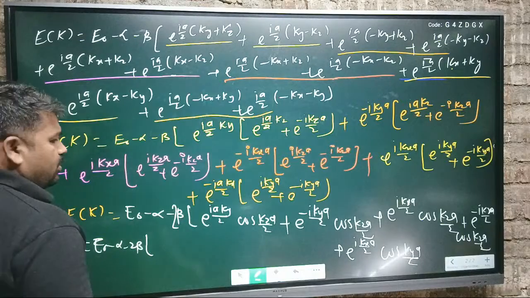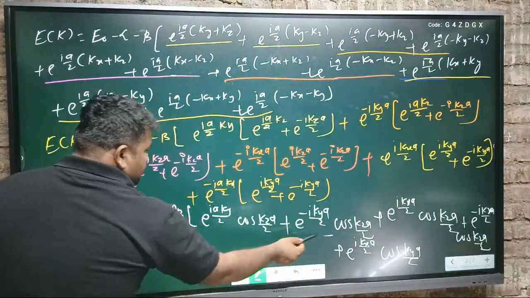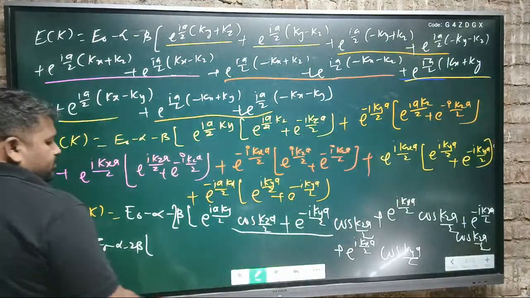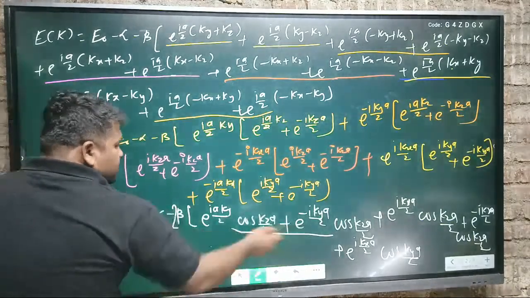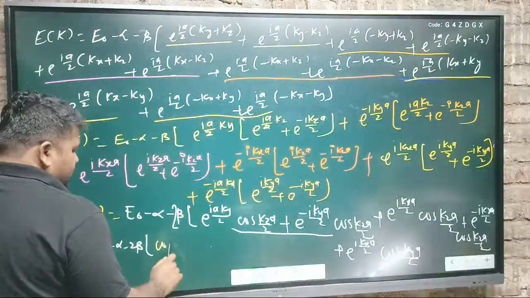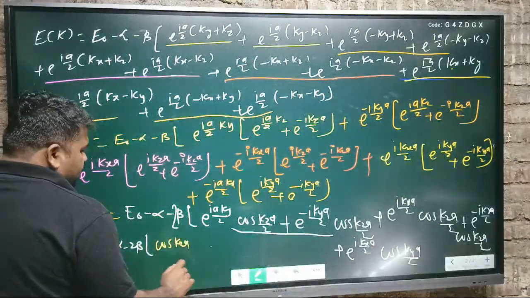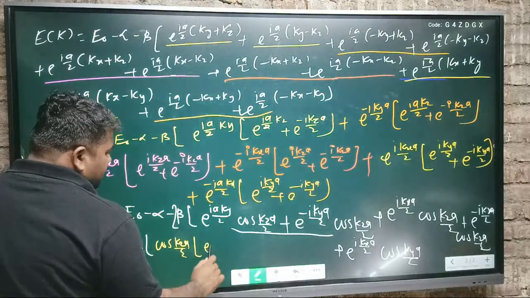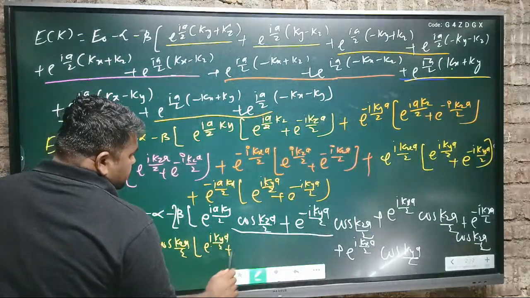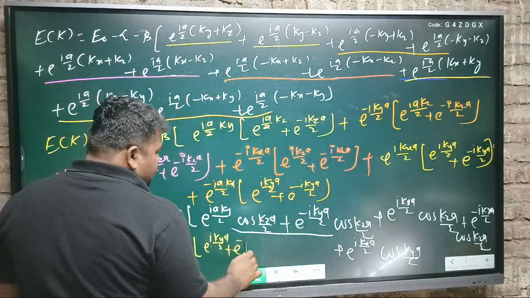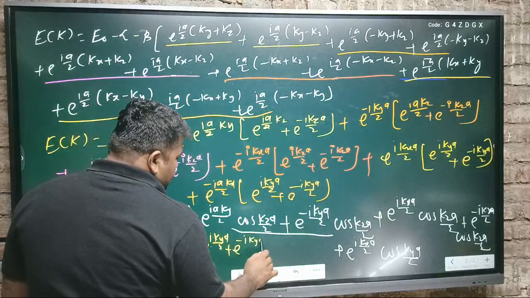Okay. From these two equations, we can take common out cos kz a upon 2. What is the inside? E to the power I ky upon 2 plus e to the power minus I ky upon 2.